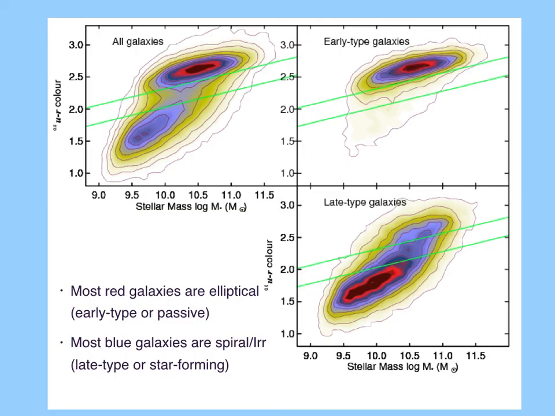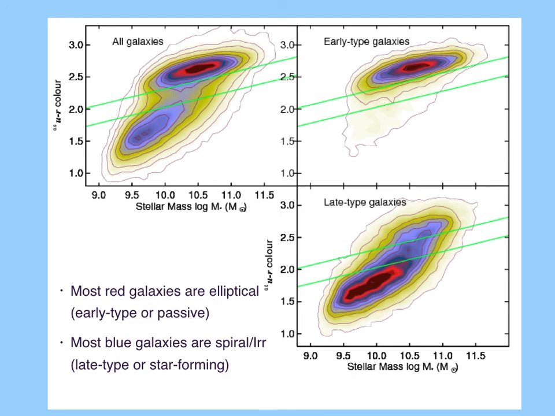Observations show that most red galaxies are elliptical while blue galaxies are disky. What you see here on the left panel is again the distribution of U minus R color for a complete sample of galaxies as a function of their stellar mass. And you see that there are at least two kinds of populations together here. The green lines separate those two populations.